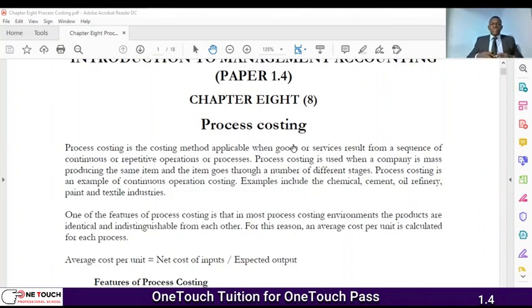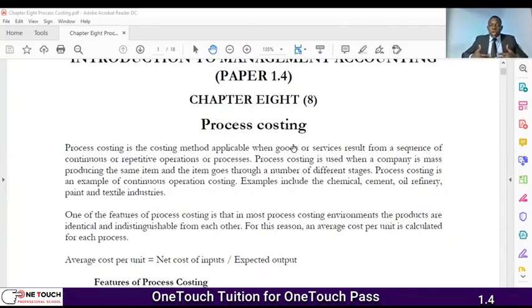Now, to determine the cost for a unit of a product that has come out of a process, it means that at the end of a given process, a number of units will come out. It is not just a single unit that will come out of the process.